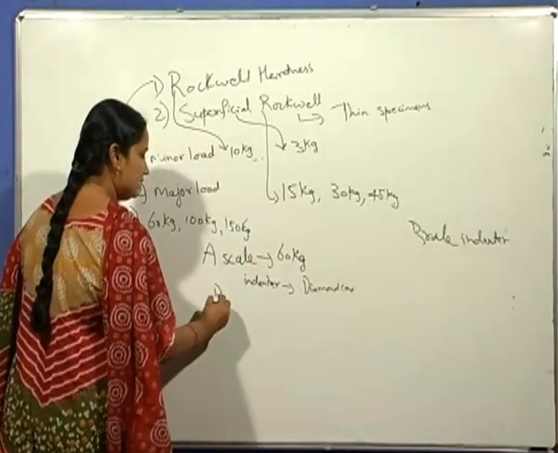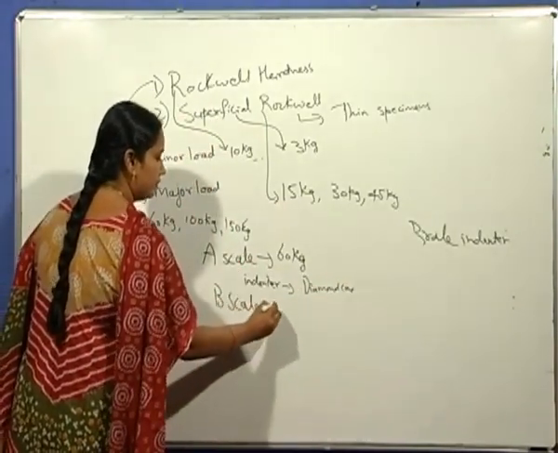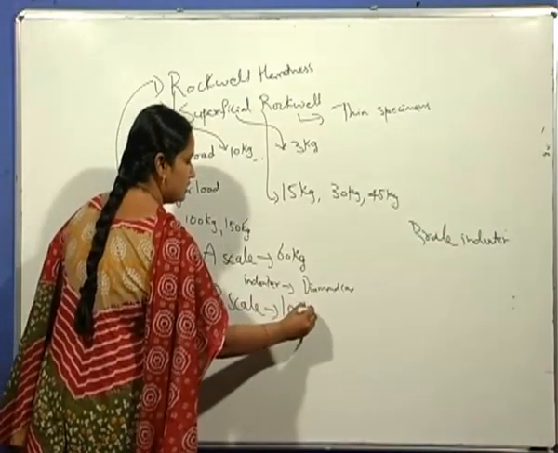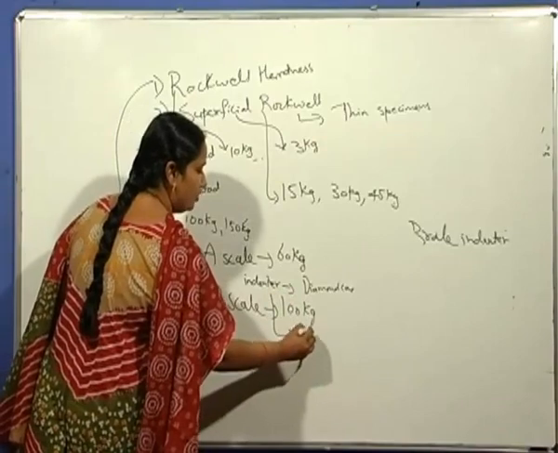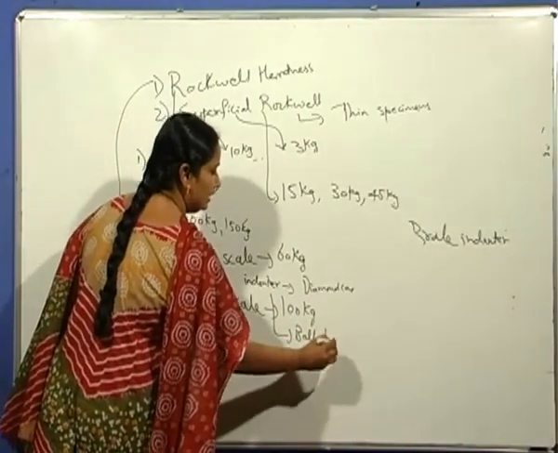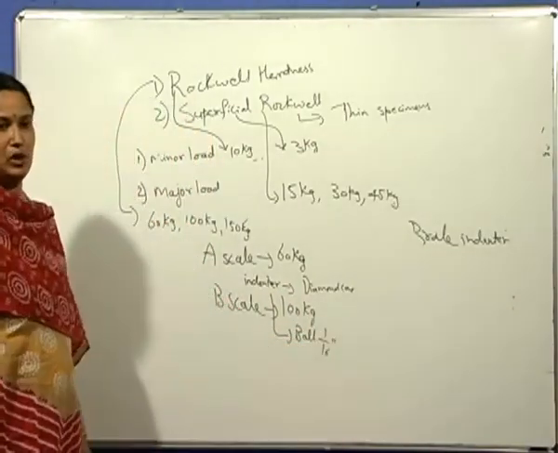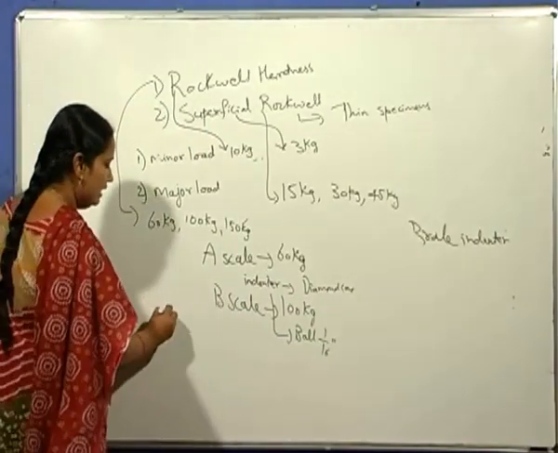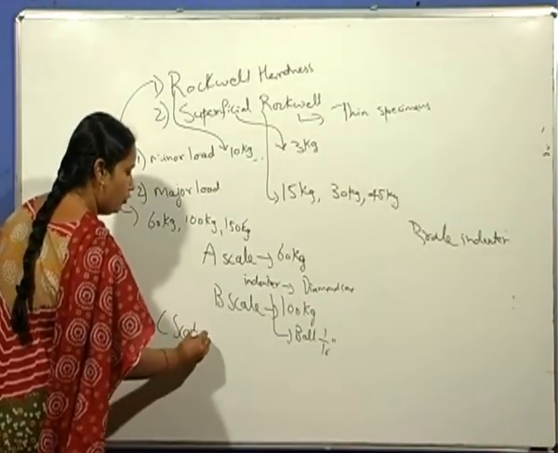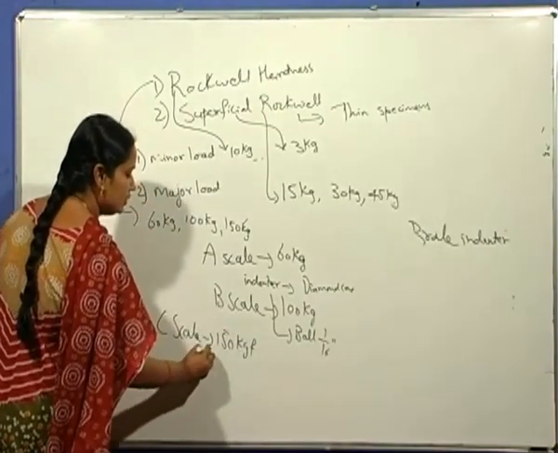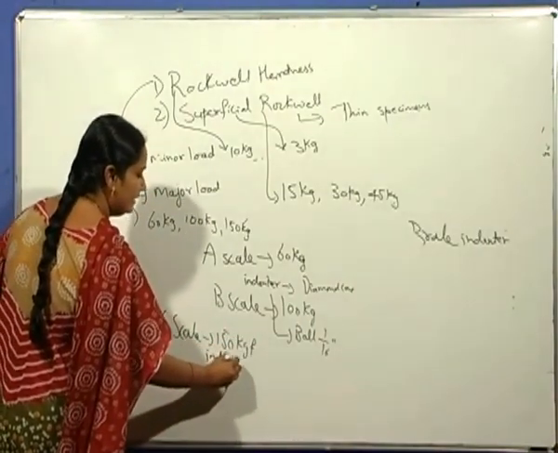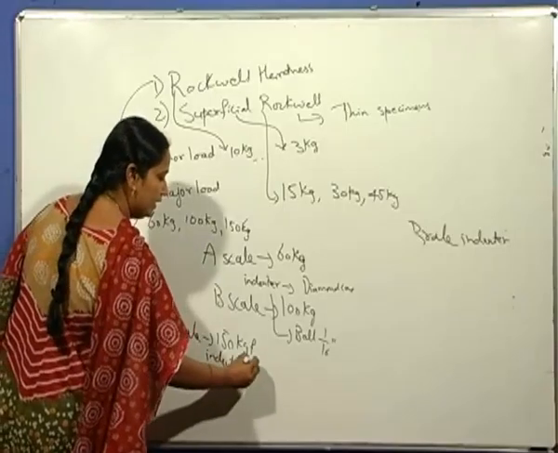And the B scale stands for 100 kg force and the indenter used is a ball indenter, a 1 by 16th inch dia hardened steel ball. Then the C scale stands for 150 kg force, and again the indenter used is the Brale indenter, that is the diamond cone indenter.